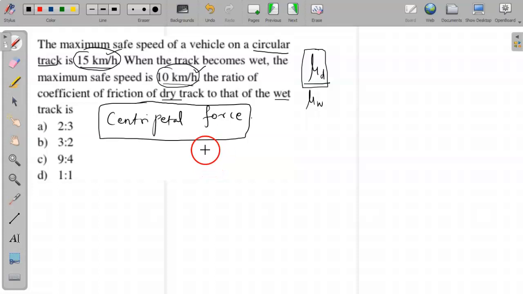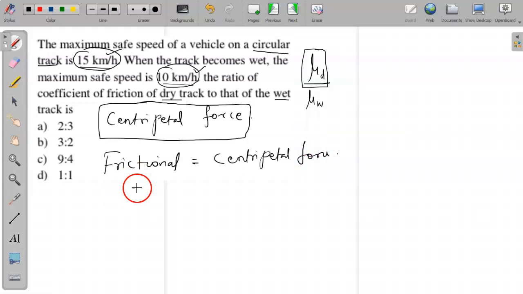How can we find it? The frictional force between the tire and the track supplies the centripetal force. The frictional force is mu mg, and the centripetal force is mv square divided by the radius of the track.